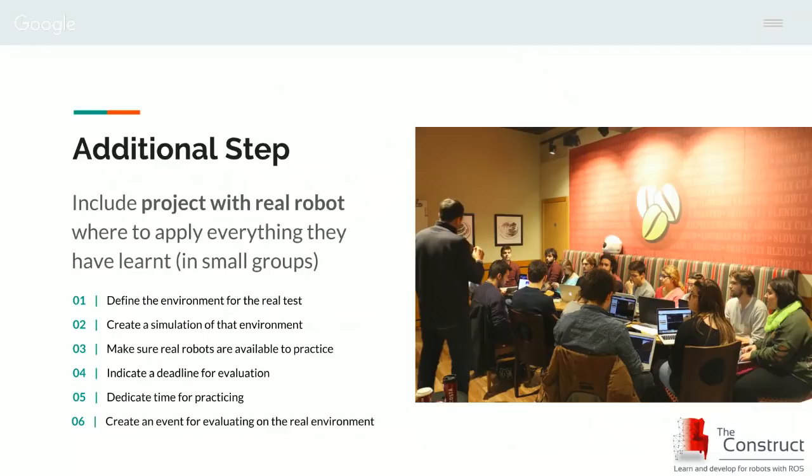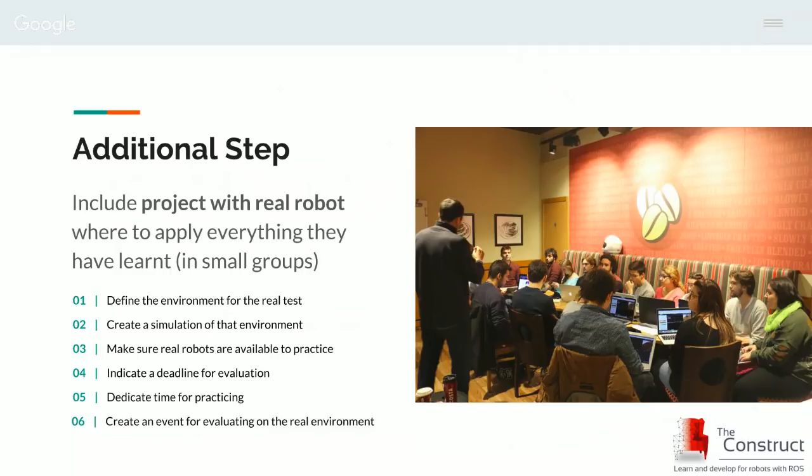Because the students will need to practice and test their algorithms, and they don't have the chance to go to the real cafeteria all the time. So you provide this simulation of your environment, and then you have it ready for them to do all the tests that they require until they can put it into the real robot.